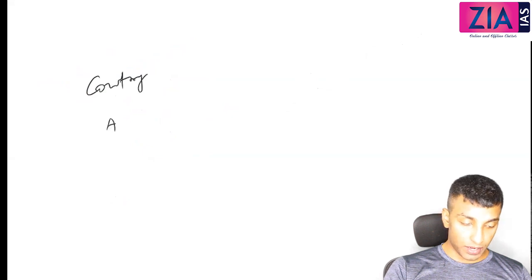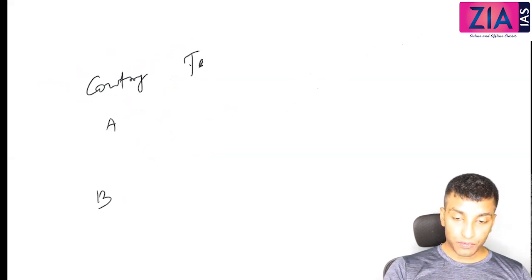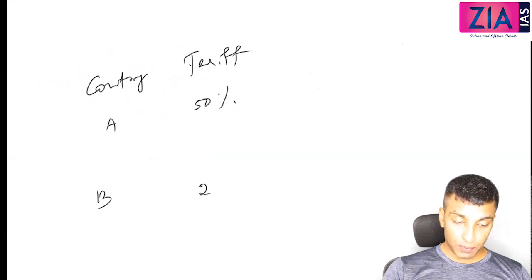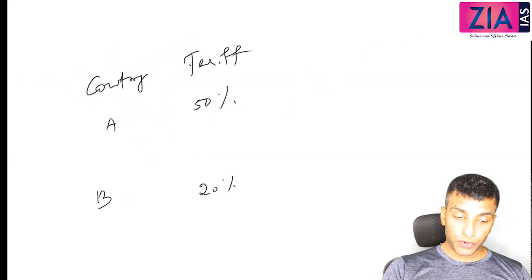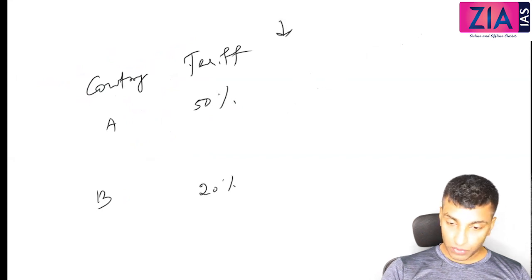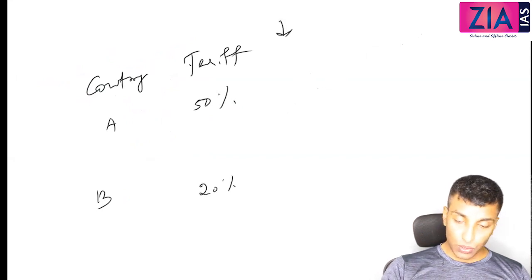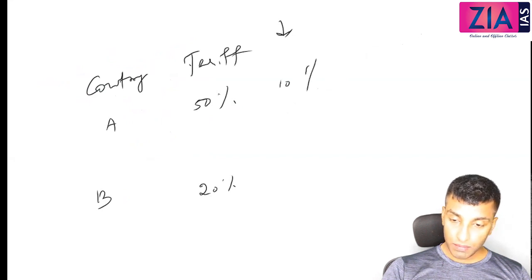For example, country A, country B. Now the tariff is, let's say, 50% and 20%. If you talk about a common reduction, let's say make it 10%, 10%. This is one way.